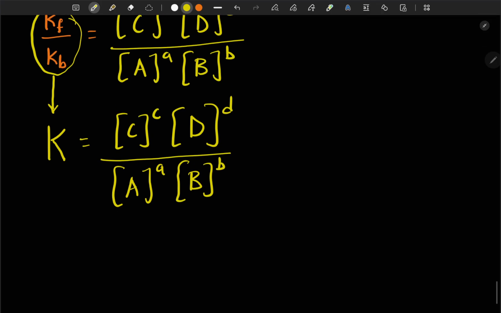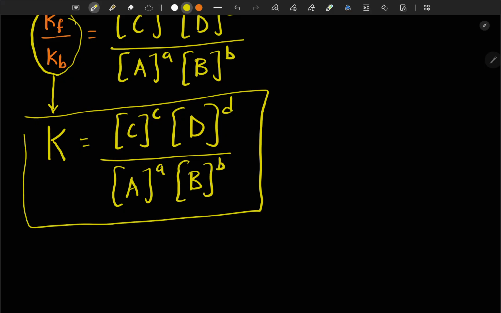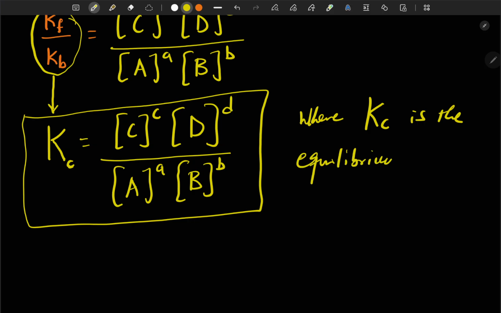This expression here is the general expression for the equilibrium constant when considering concentration. So we can call this the equilibrium constant of concentration, Kc, where Kc is the equilibrium constant.